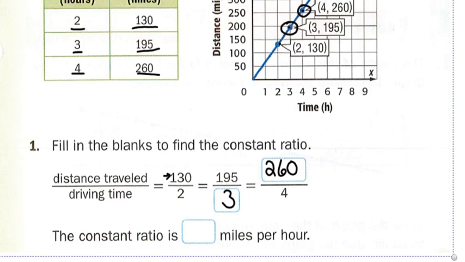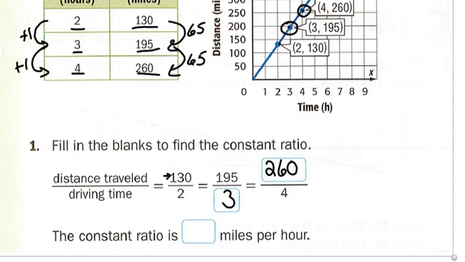So they say, what's the constant ratio? How many miles do you go in 1 hour? Well, we can find that constant rate of change. That's plus 1 hour. That's plus 1 hour. That's an increase of 65. That's an increase of 65.